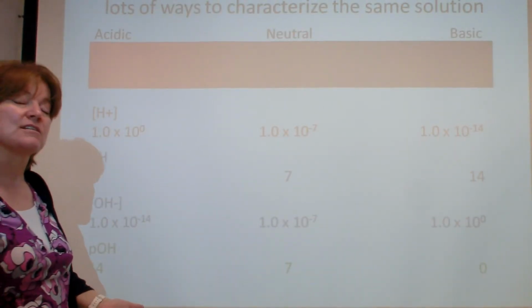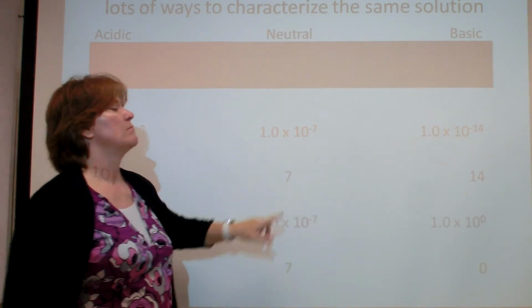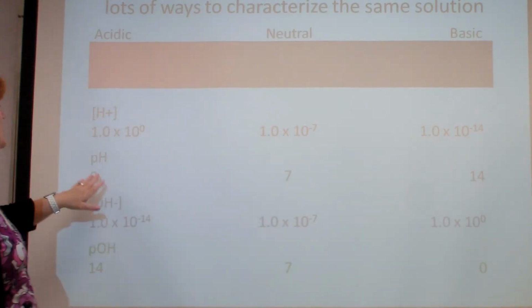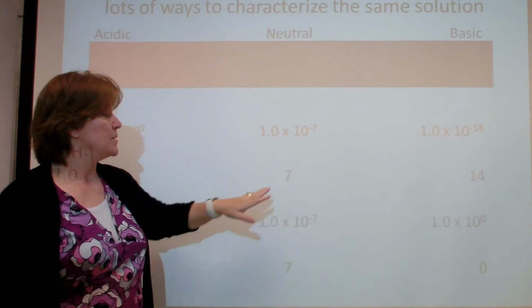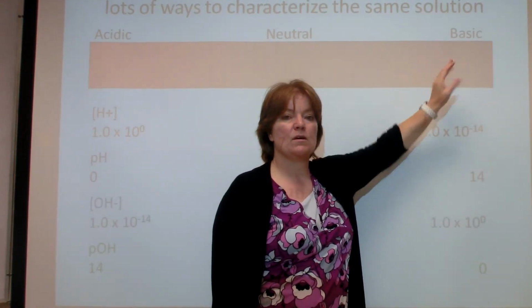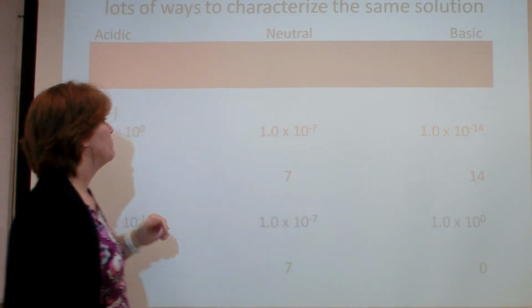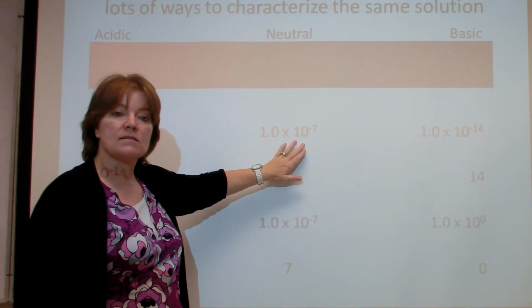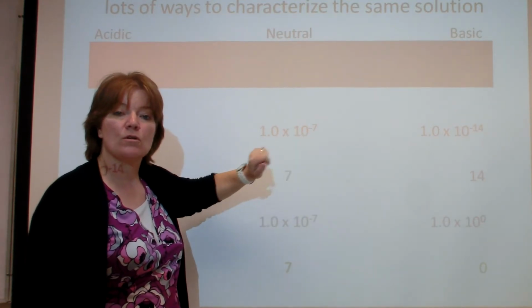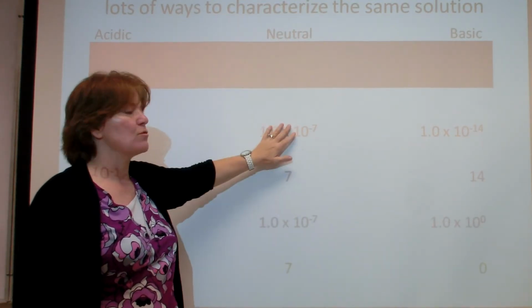And I can make terms of acidity. Generally, acidity is described in terms of pH because that's our typical scale. So somewhere between 0 and 7 would be an acid. 7 would be neutral. Between 7 and 14 would be a base. But I could also say that in terms of H plus concentration. If the H plus concentration is 1 times 10 to the negative 7 molar, I call that neutral.